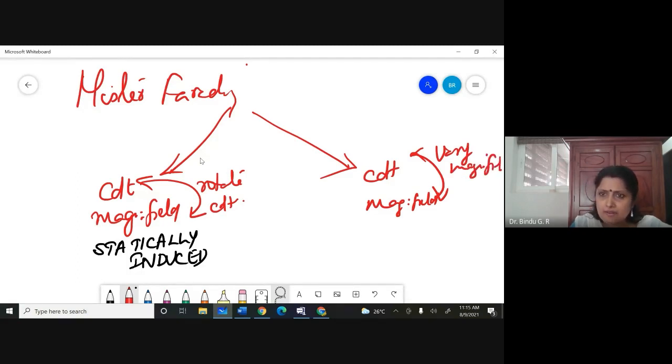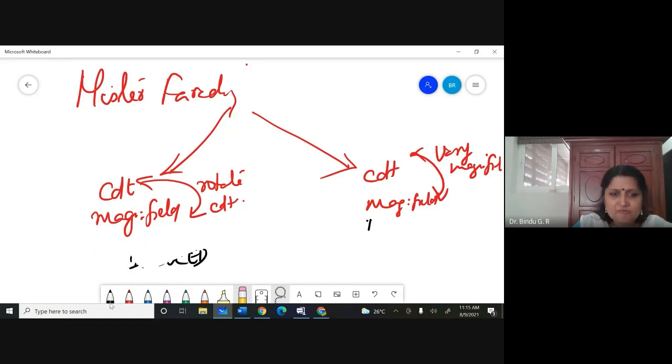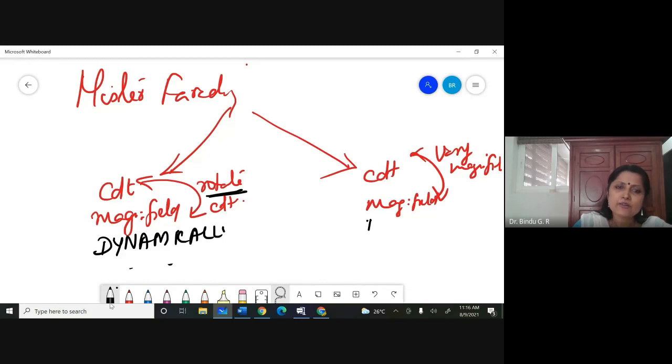When the conductor is rotated, when the conductor is moving, you call it dynamically induced EMF. When the conductor remains stationary and the magnetic field is varying, whatever be the way in which it is varying, you call it statically induced EMF.